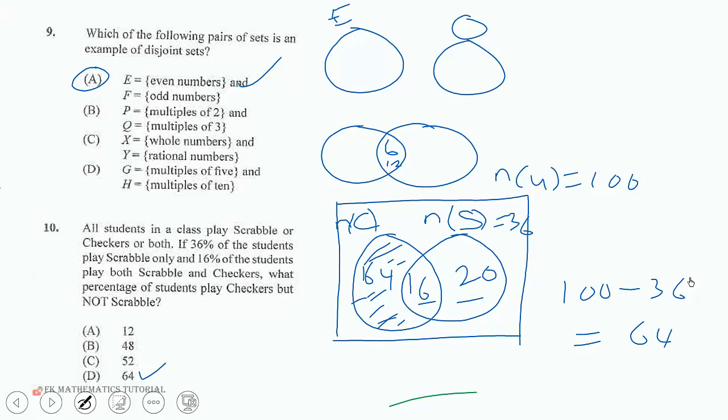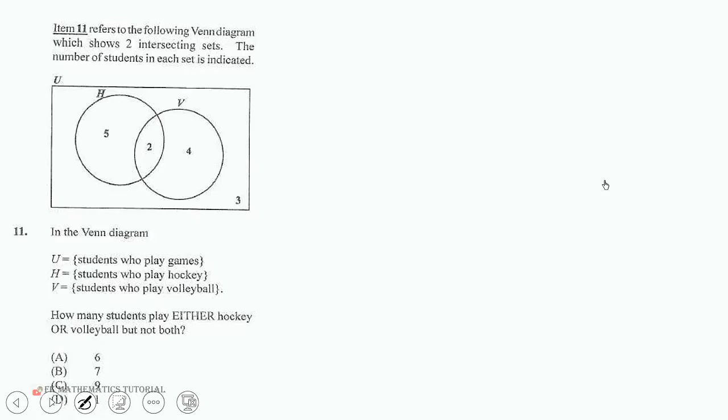Now let's move on with this particular question 11. Item 11 refers to the following Venn diagram, which shows two intersecting sets. The number of students in each set is indicated in the Venn diagram. U is the students who play games, H is the students who play hockey, and V is the students who play volleyball.